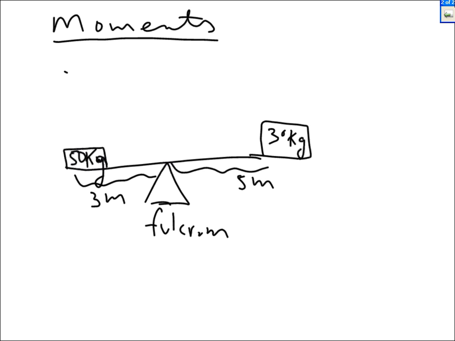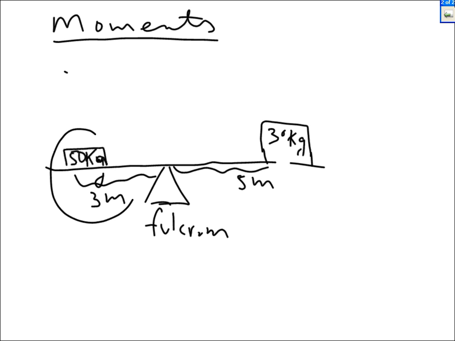The question is, is this in equilibrium? That is, would the seesaw be level? That's the question. And it is if what's going on in the left and what's going on to the right are somewhat equal.